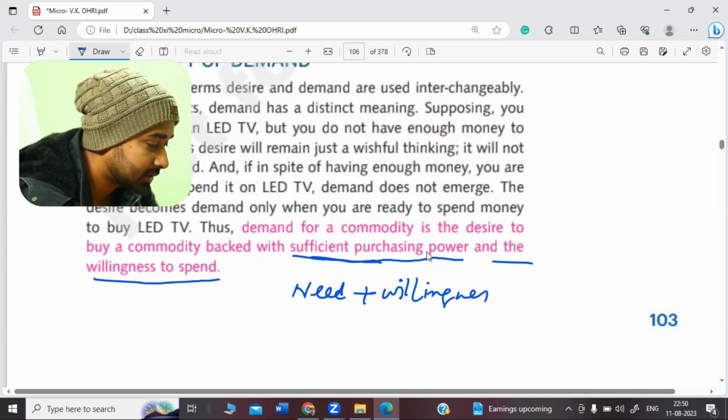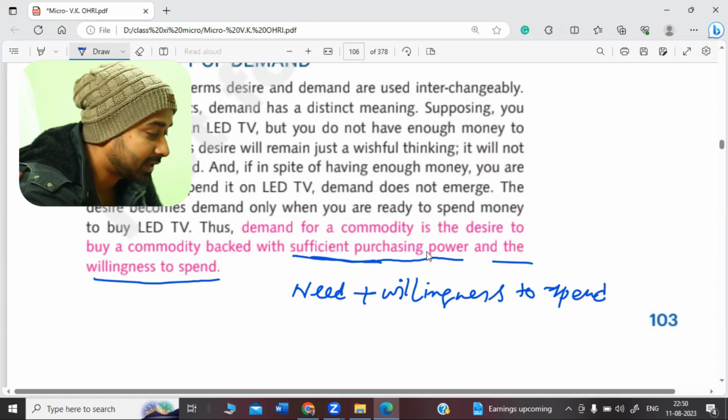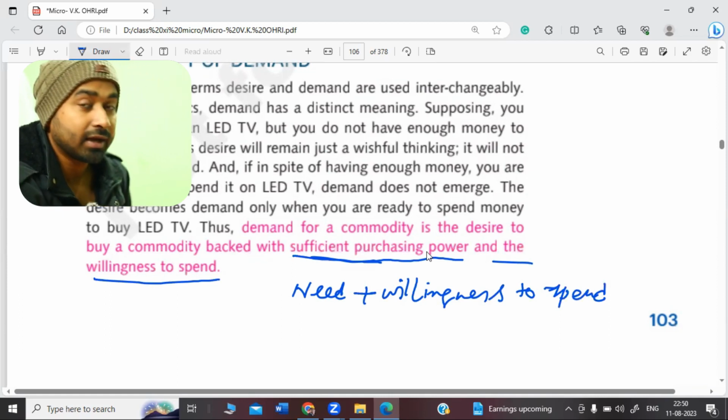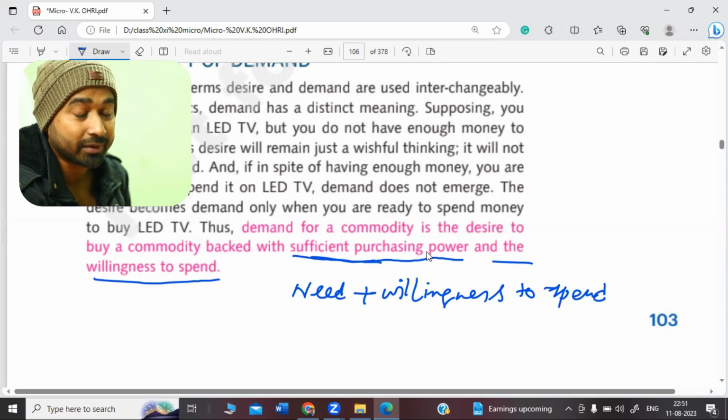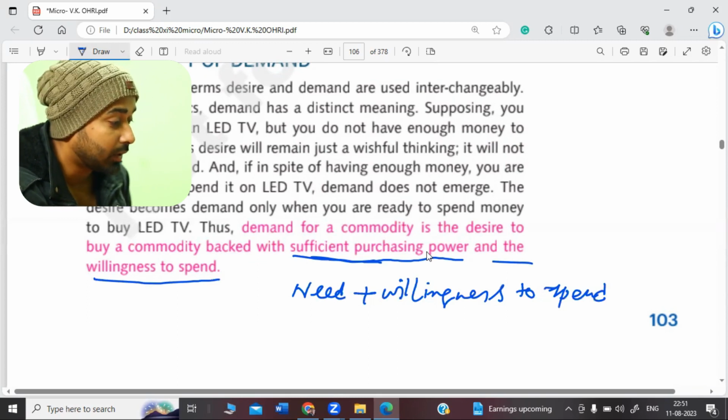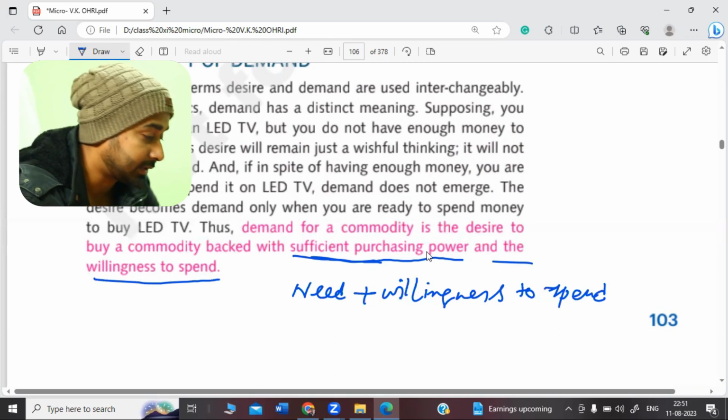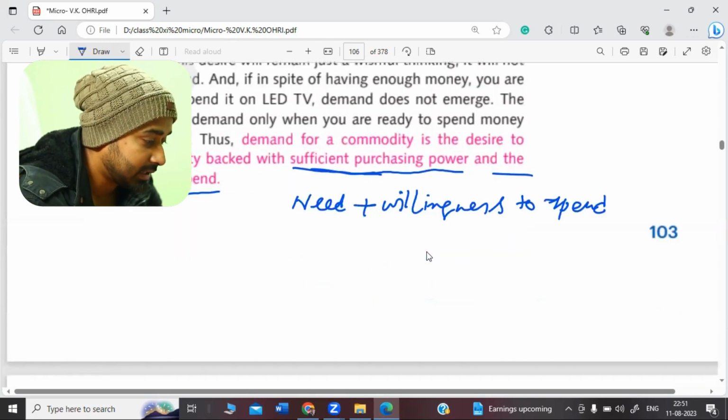That is known as demand. In summary, demand is a requirement or desire for a commodity backed with purchasing power as well as the willingness to spend for it. That is known as the demand.